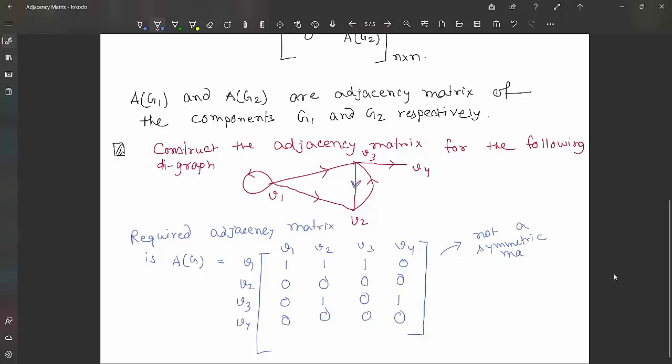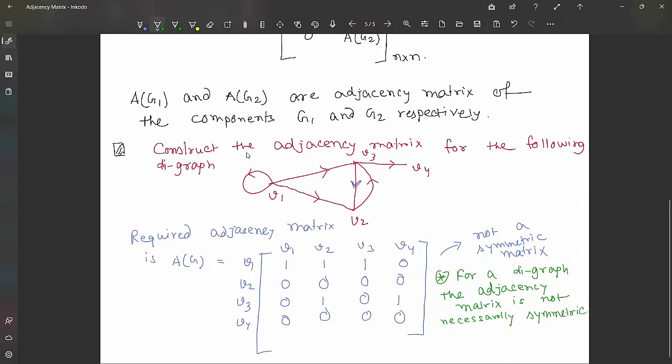So we can state that for a non-directed graph the adjacency matrix is symmetric, but for a digraph the adjacency matrix is not necessarily symmetric.